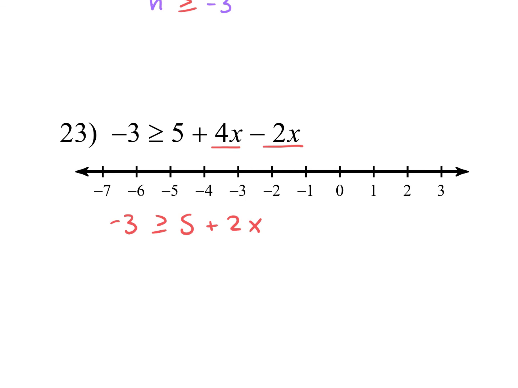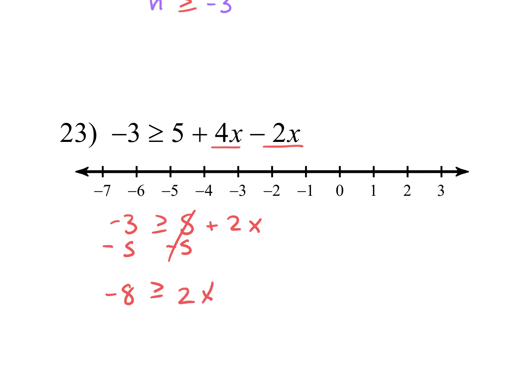What should I do next? Subtract 5 on both sides. So it's negative 3 minus 5. Negative 8. So negative 8 is greater than or equal to 2x.